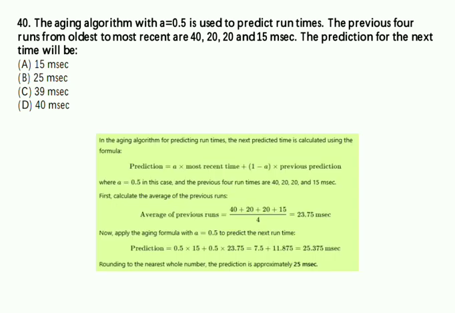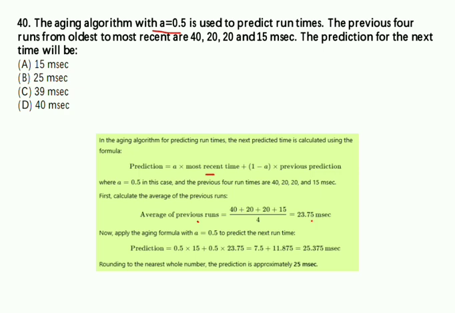So here the prediction equals A times most recent time plus 1 minus A times previous prediction, where A is the 0.5 used to predict the runtimes. So first of all, we need to find the average of the previous runs. That is 40 plus 20 plus 20 plus 15 milliseconds divided by 4. So the average is 23.75 milliseconds.